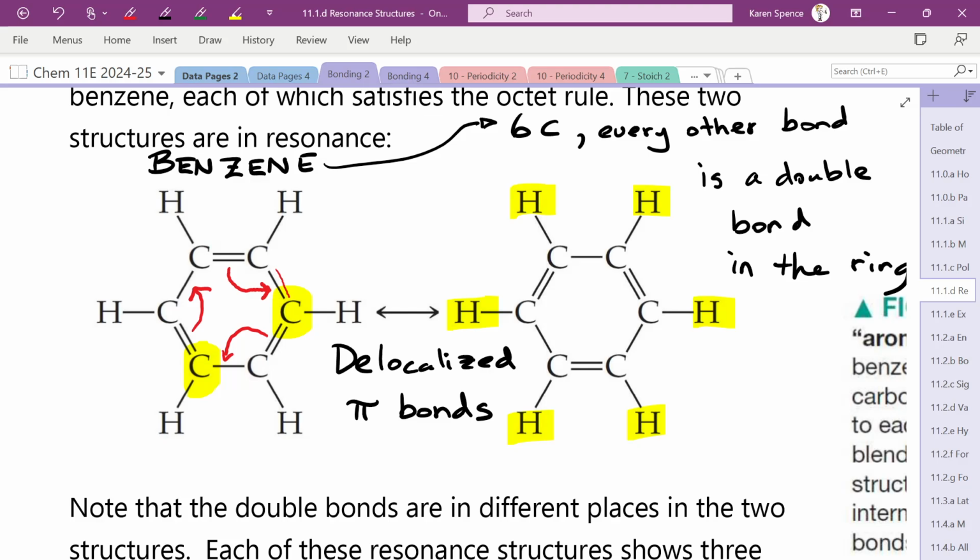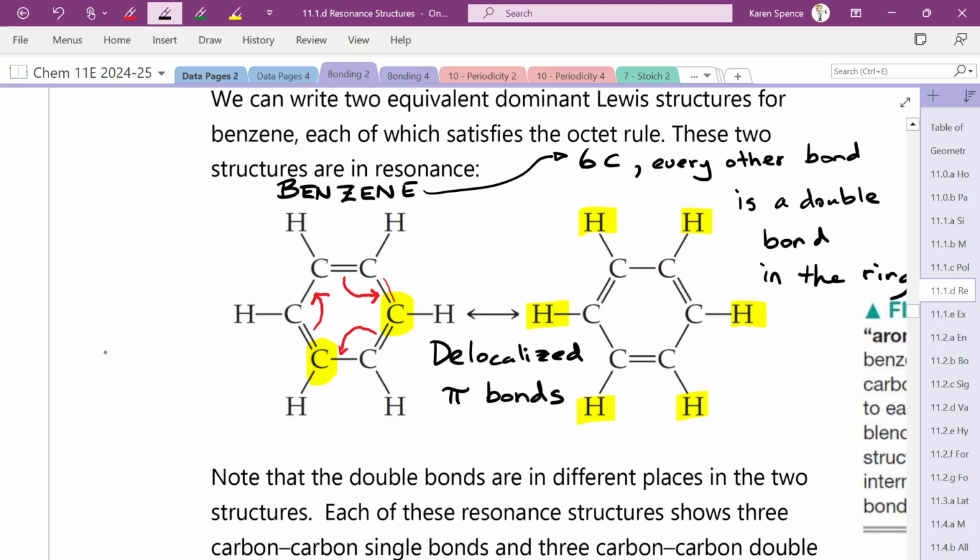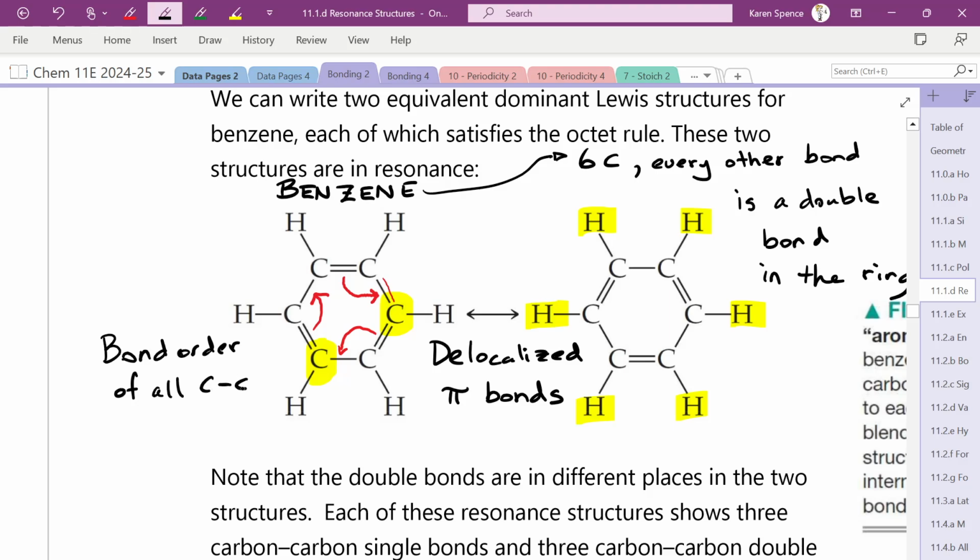Is that reality? No. What is the actual bond order of all the carbon-carbon bonds? Half the time they're double, half the time they're single. So in reality, they are 1.5.